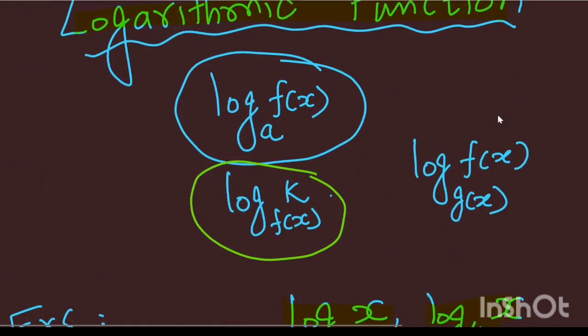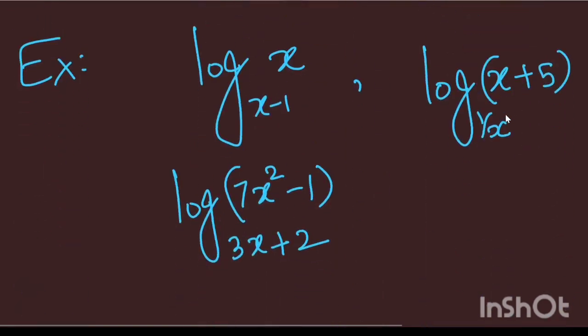Finally, we may have both of them changing. It is log x base x − 1, log (x + 5) base 1/x, log (7x² − 1) base 3x + 2.